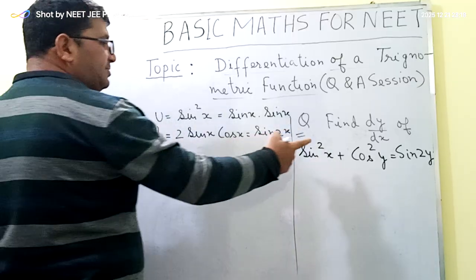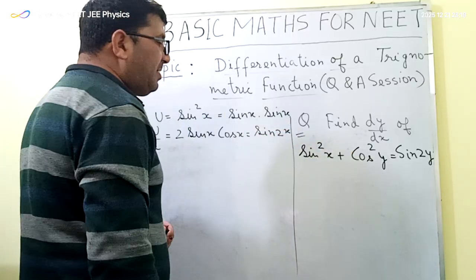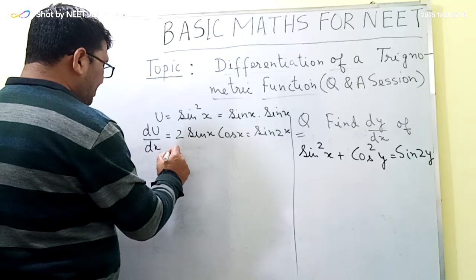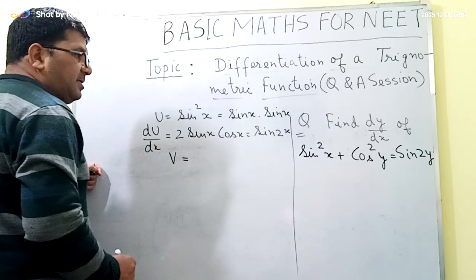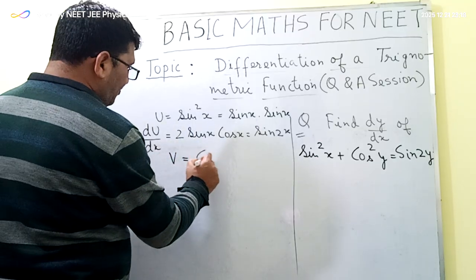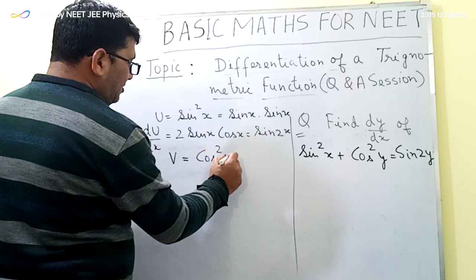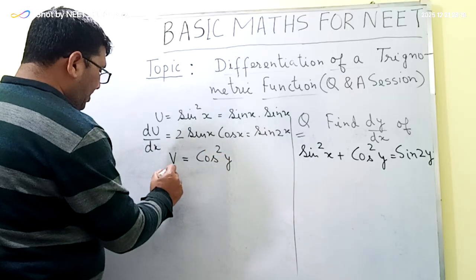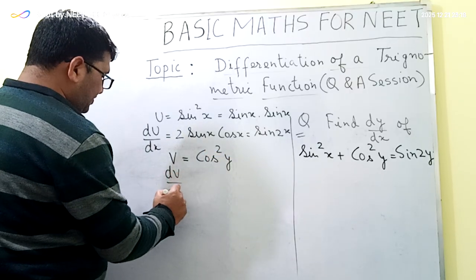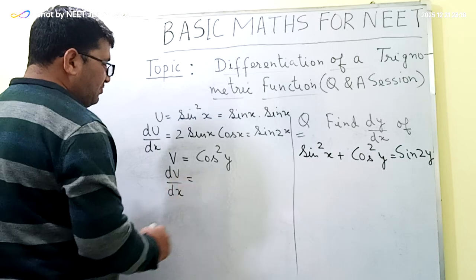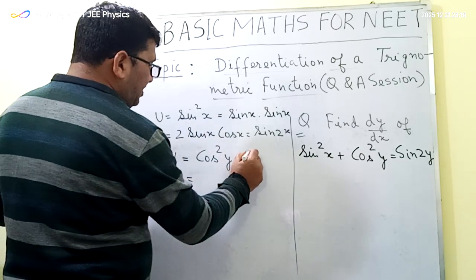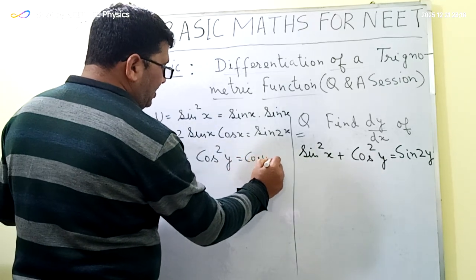Now let us consider the trigonometric ratio cos square y. So let us take that v is equal to cos square y. So dv upon dx in this case will be equal to, now this can be further written as cos y into cos y.